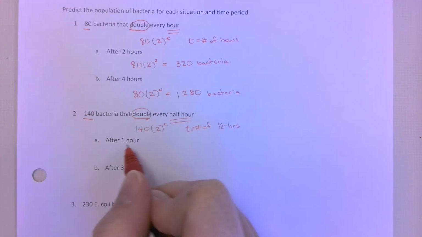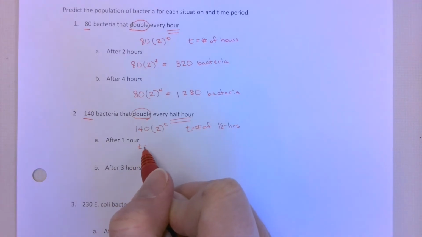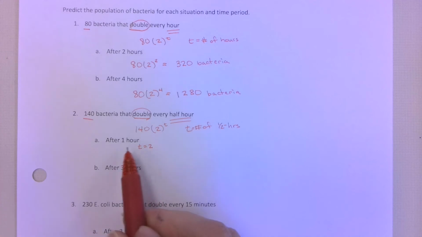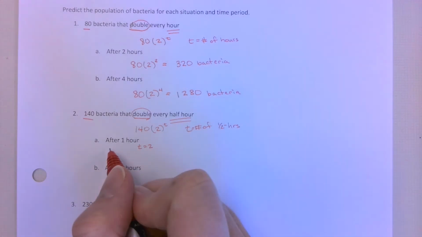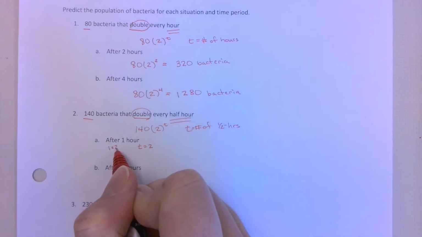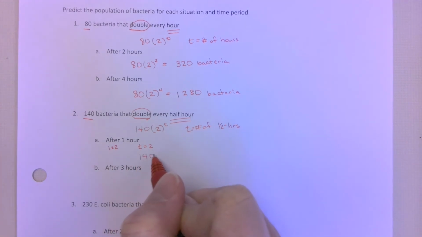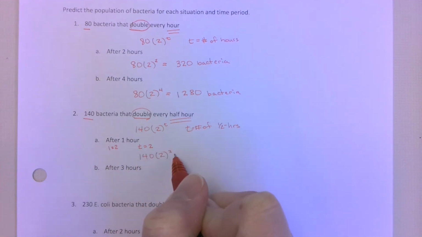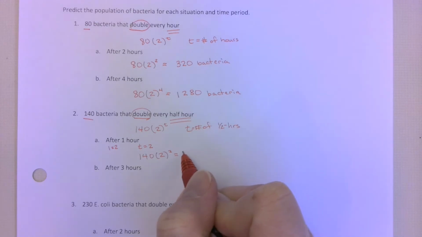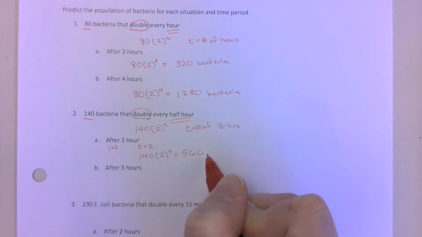So when I go to do 1 hour, t is going to be 2, because there are 2 half hours. Or I could simply take 1 hour times the 2 half hours in that, and there is my 2. So plug it in, 140 times 2 to the power of 2, and that gives me a total of 560 bacteria.